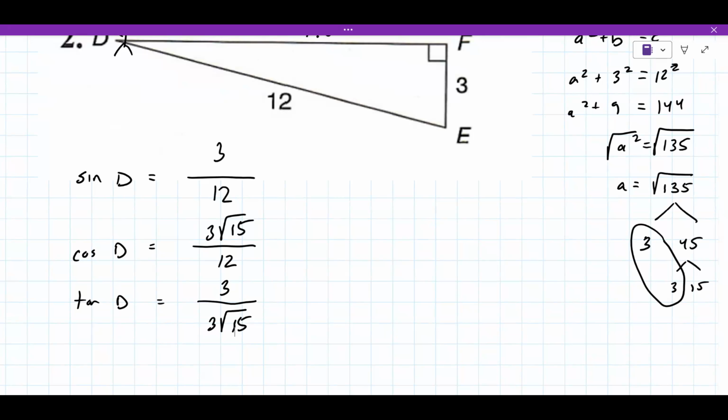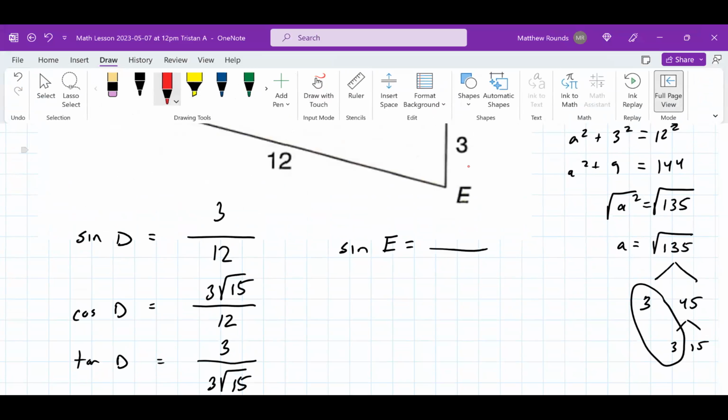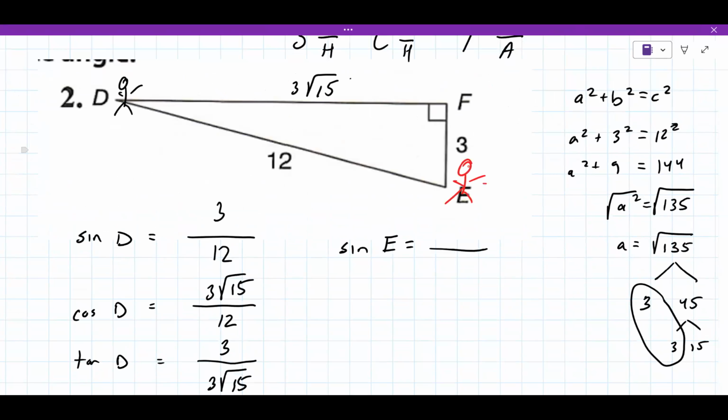Okay. Now we have to similarly go over to angle E and find the sine of E. So it's as if you transition. You're like, okay, I'm no longer there. I'm over here at E. The opposite and the adjacent do change. The opposite to this angle here is 3 square root 15. The adjacent is 3. The hypotenuse still stays the same.